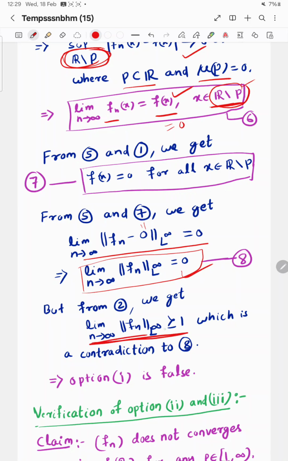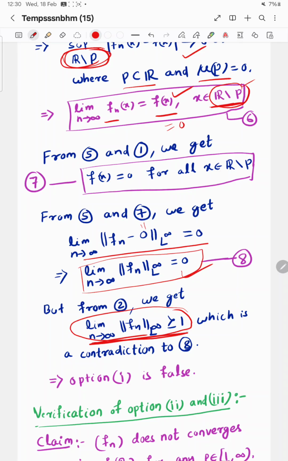These two things contradict each other, because one says the limit of the L infinity norm of f_n is greater than or equal to 1, but the other says the limit of the L infinity norm of f_n is equal to 0.